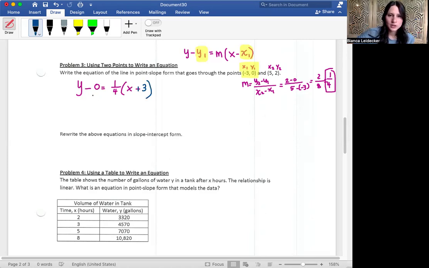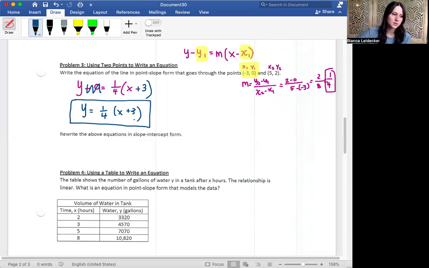And if I were to simplify this even more, I could rewrite this as just y equals 1/4 times x plus 3, because I don't have to put that 0 there. The 0 doesn't mean anything. And so now my equation is y equals 1/4 times x plus 3. If I wanted to use the other point, then all I would do is change the x1 and the y1.